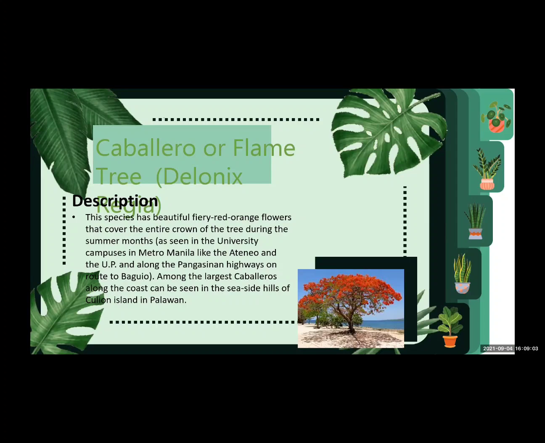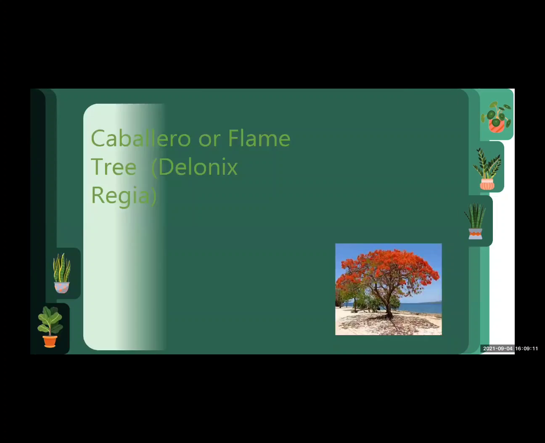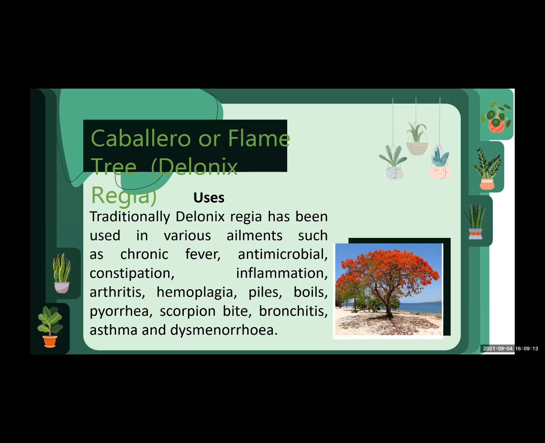Among the largest caballeros along the coast can be seen in the seaside hills of Culion Island in Palawan. The uses of Delonix regia: traditionally, it has been used in medicine for ailments such as chronic fever, constipation, inflammation, arthritis, hemiplegia, piles, boils, pyorrhea, scorpion bite, bronchitis, asthma, and dysmenorrhea.